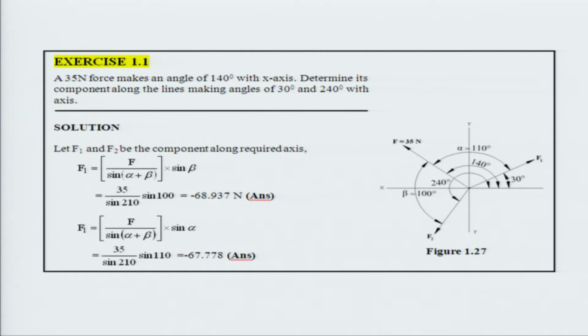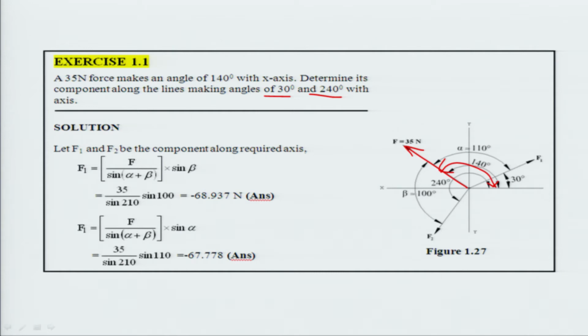Let us do one question. In this question, a 35 Newton force makes an angle of 140 degree with x axis. Determine its component along the lines making an angle of 30 degree and 240 degree with the axis.